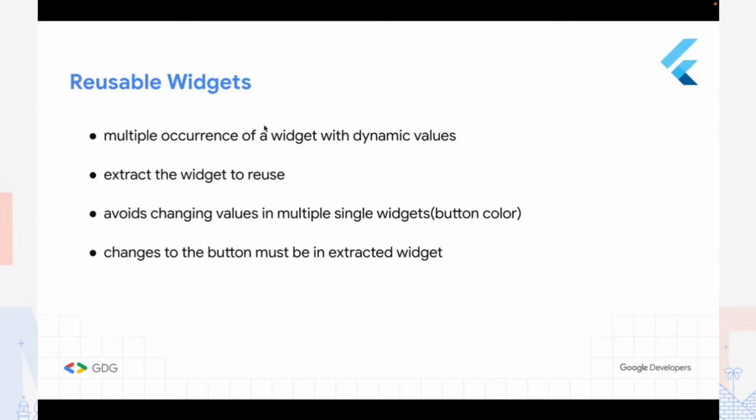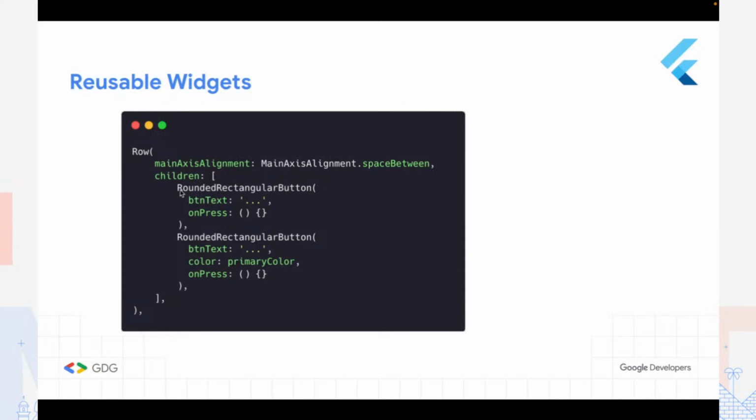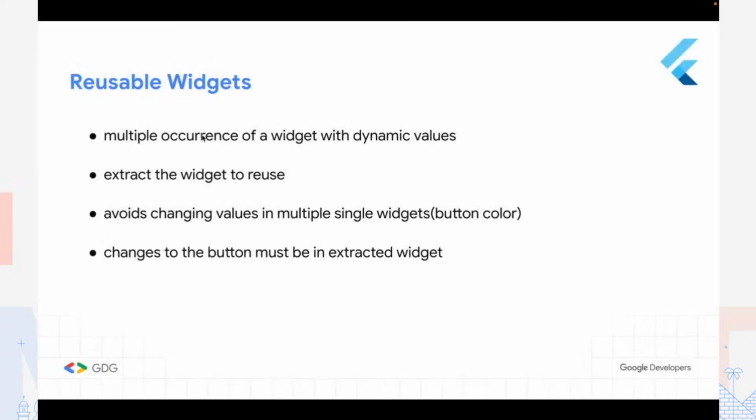So, multiple occurrence of a widget with dynamic values. This widget, rounded rectangular button, can be used in multiple places. Of course, with the dynamic text, and if you want 2 buttons to have the same text, that is also fine. But this is the basic idea. Having multiple occurrences of a widget in 10 different screens with dynamic values, and extracting the widget to reuse.